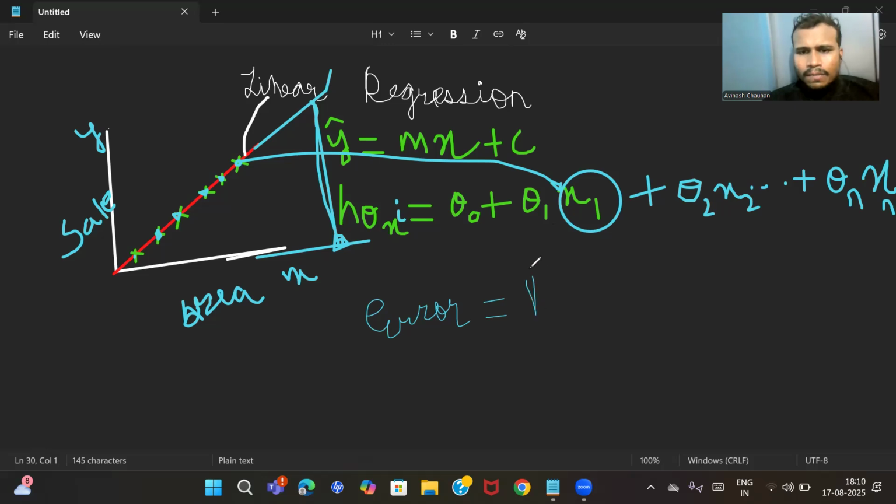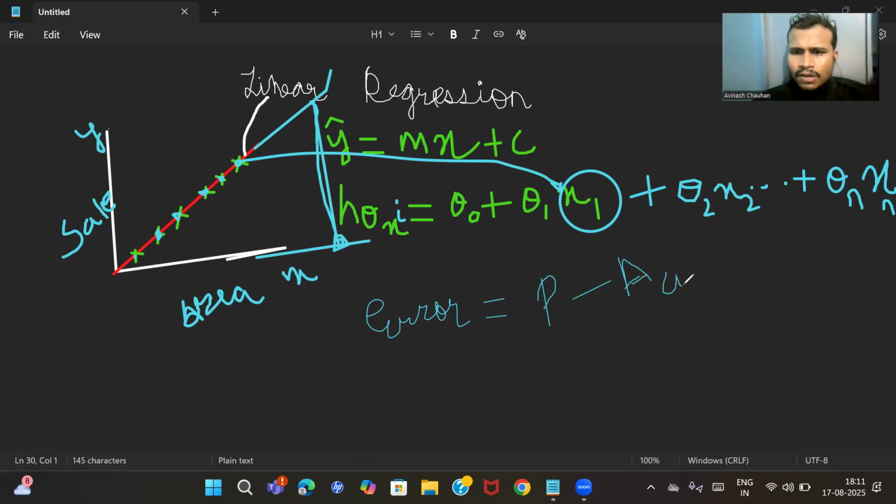Error we can find by our predicted value minus actual value, right?